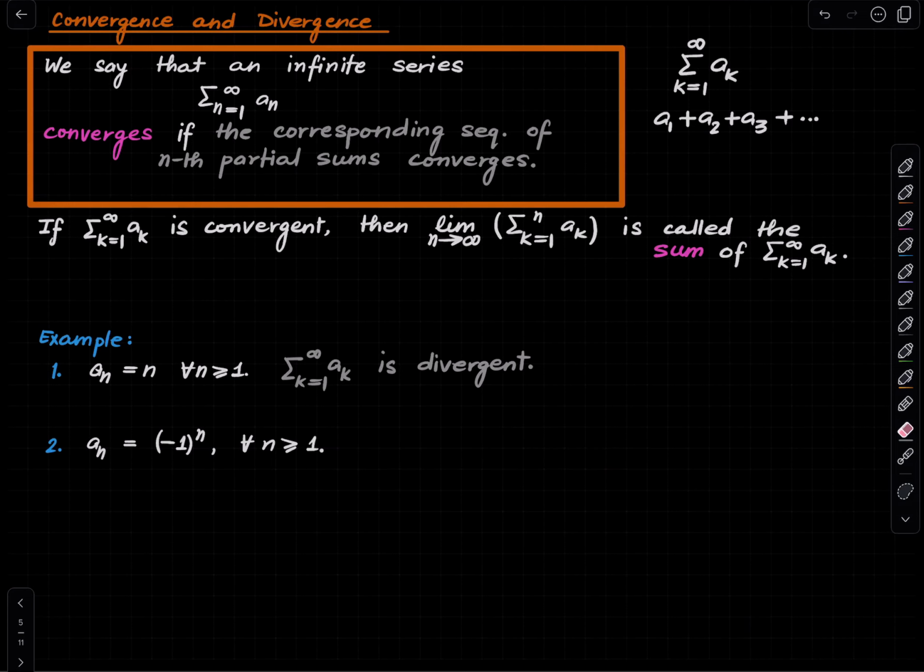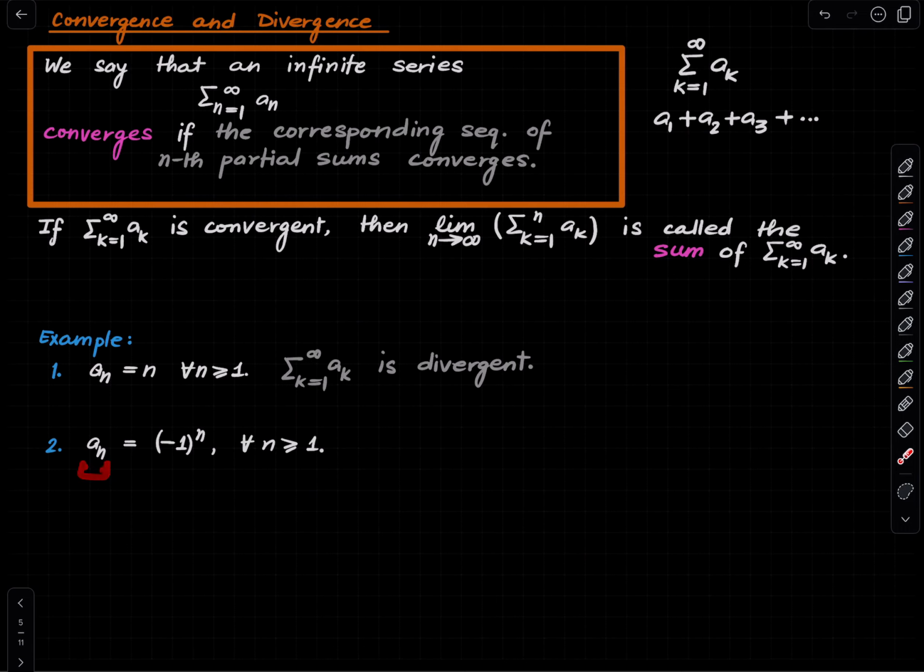Similarly, this guy looks a little bit more well behaved. The nth number is plus or minus 1 according to the parity of the natural number n. So if you take the nth partial sums, it fluctuates. If n is odd, it is minus 1. If n is even, it is equal to 0. So it is either 0 or minus 1, it fluctuates. So the sequence of nth partial sums again doesn't converge.